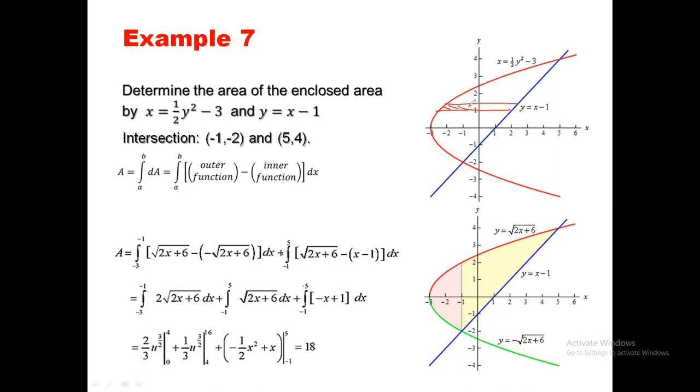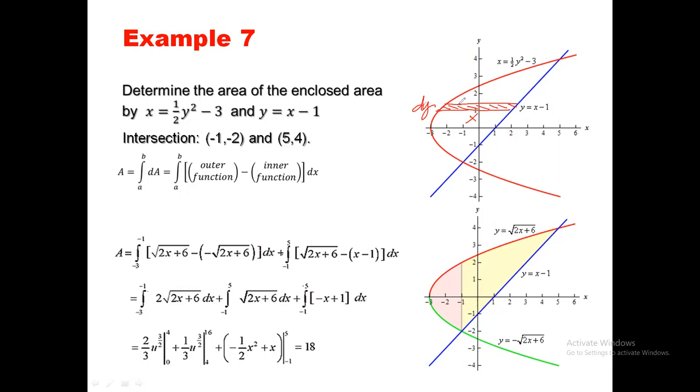There is no need to determine separately the areas of this yellow region and this pink region. If you do it like this, you will only have one differential element for the entire area. So this is your dy, and this is your x: x of the line minus x of the curve.